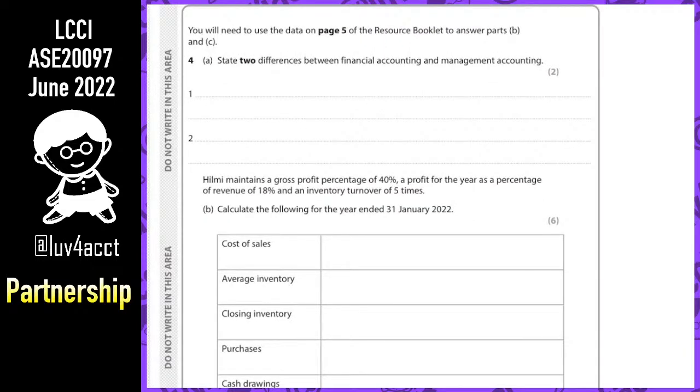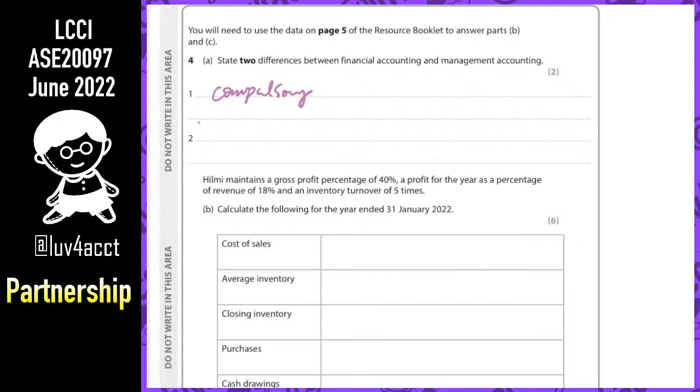State 2 differences between financial accounting and management accounting. Financial accounting is compulsory, mandatory. You have to prepare at least a set of financial statements, statement of profit and loss, statement of financial position.